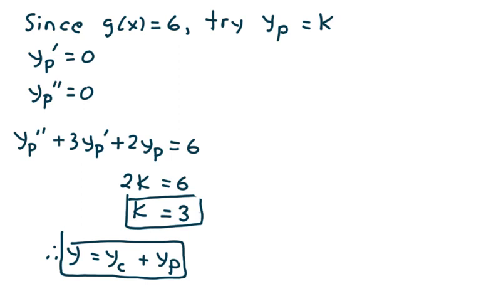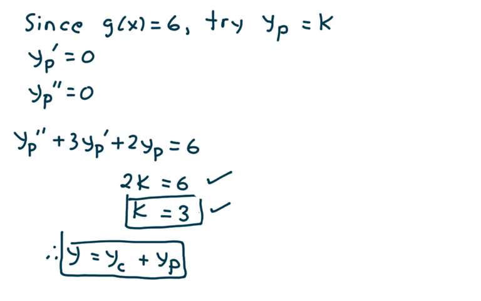Remember, k is constant. Now, by design, y sub p double prime plus 3y sub p prime plus 2y sub p is equal to 6. Making my substitution, I get 2k equals 6. Dividing through by 2, I get k equals 3.